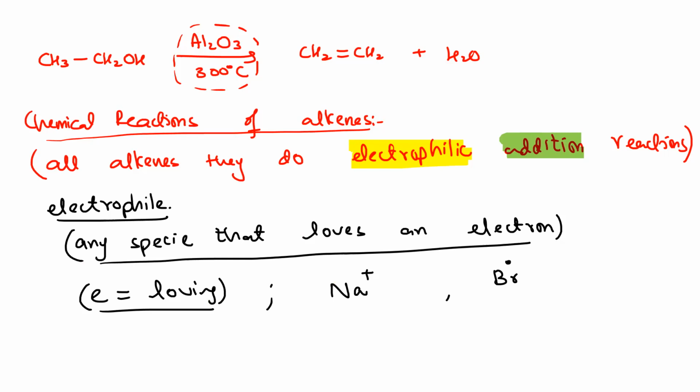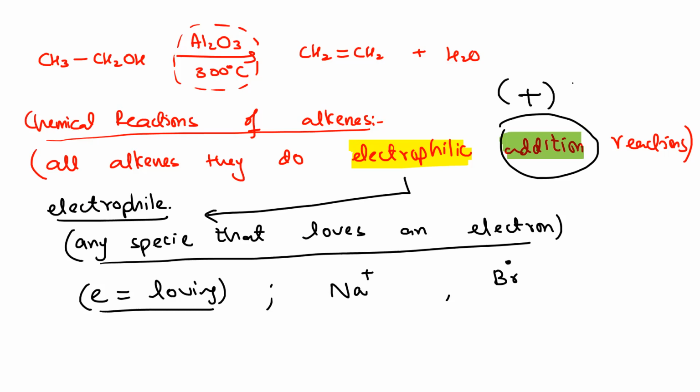You get it? Yeah. And then it has to be the electrophile doing some addition. So that's very important. Electrophile, we have discussed, is electron loving. Addition means we are going to add something to an alkene. So if we had an alkene, we are going to supply something to it, so that something is being added to it.